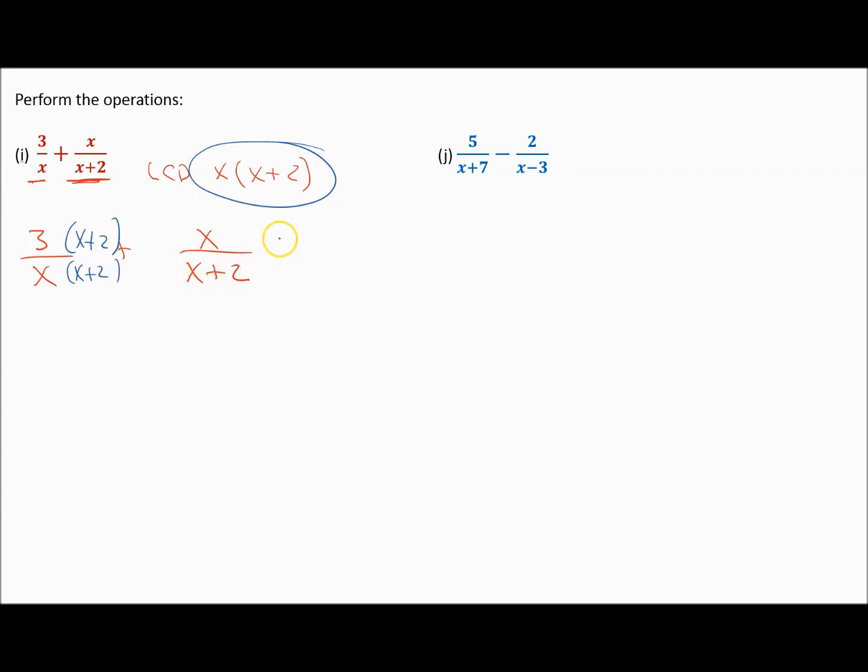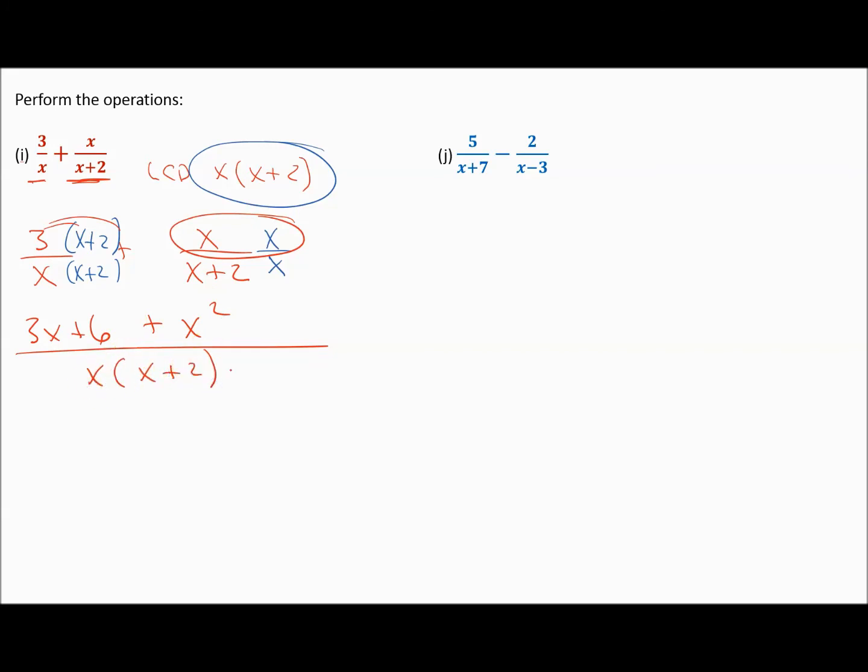X plus 2 over here is missing an x, so I need to multiply that in my numerator and denominator. Here I distribute, so that's going to be 3x plus 6 plus x squared over x times x plus 2.